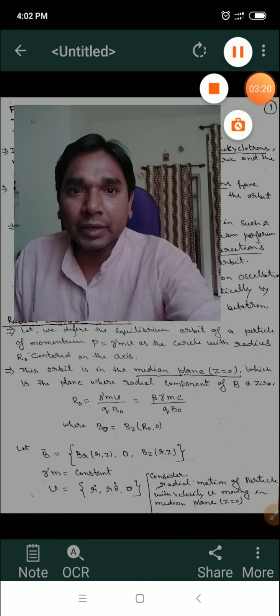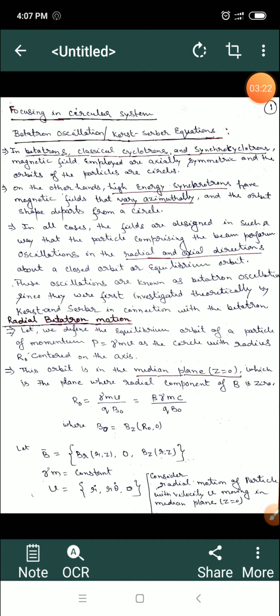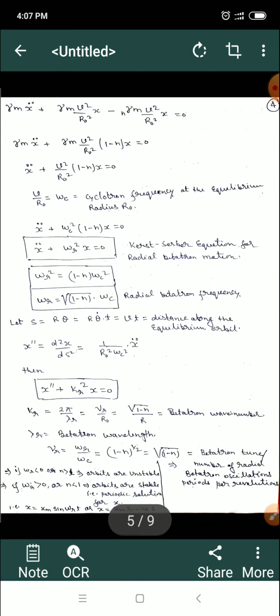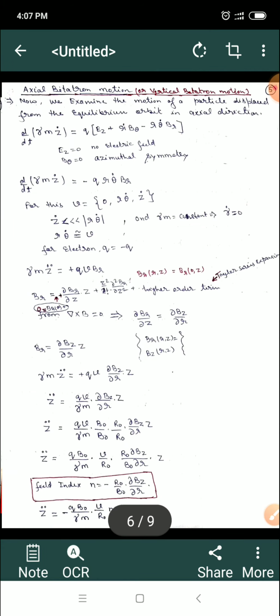So let us start. When a charged particle is moving in a circular orbit, it can move in a radial direction or in an axial direction. Radial direction means the horizontal direction, and axial direction means the vertical direction.